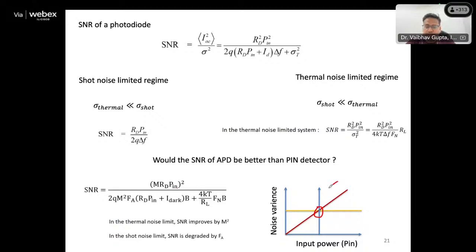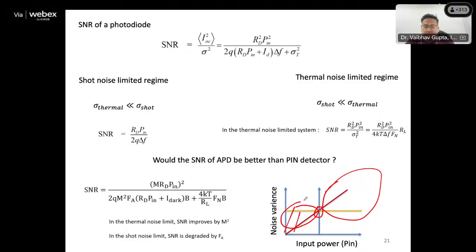Now we have two regimes. One regime is this and one regime is this. So we have to distinguish which regime is what. If you look at this particular regime, here you see that this is your thermal noise, which is higher than your shot noise. So here you are limited by the thermal noise because your thermal noise is more.